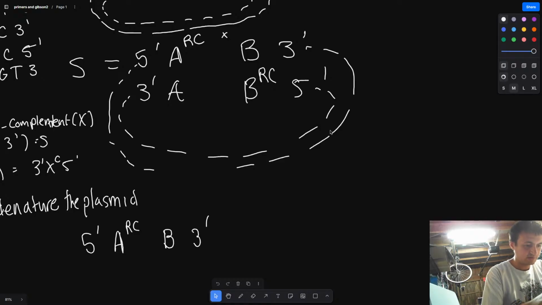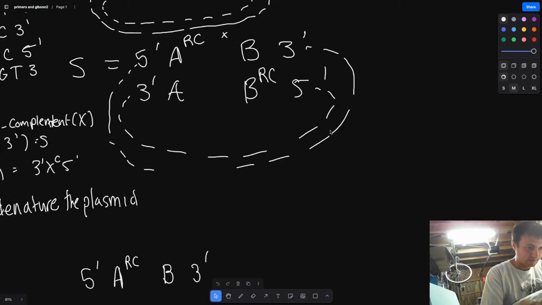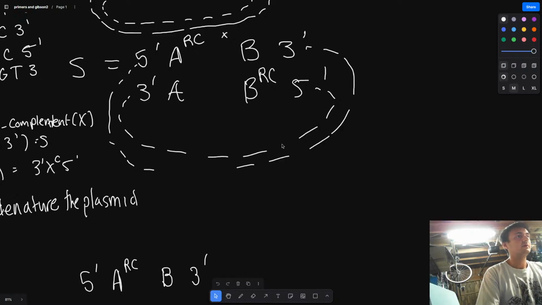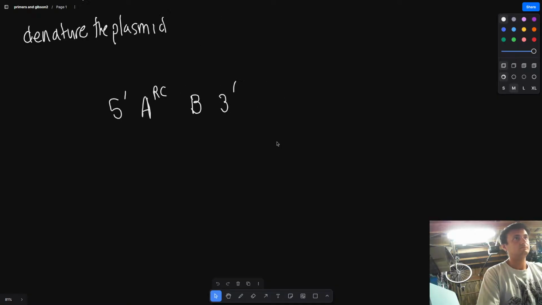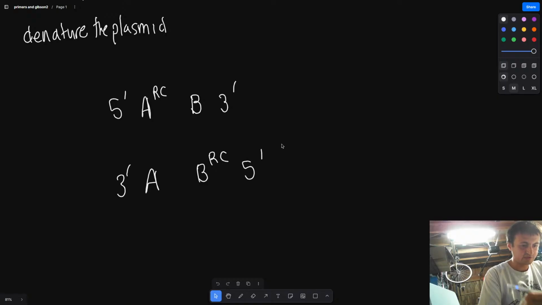And actually, I want to select this and drag it down more. And then we have 3 prime A B RC 5 prime. Okay, so these are denatured now.